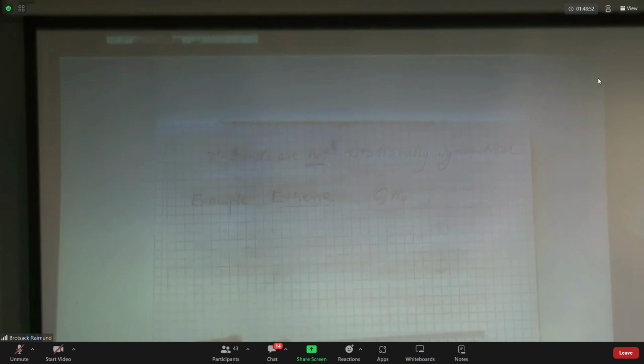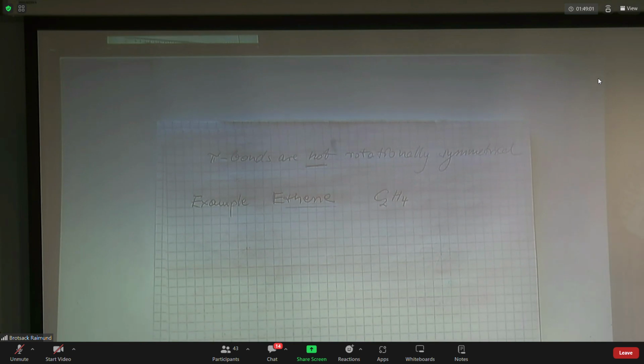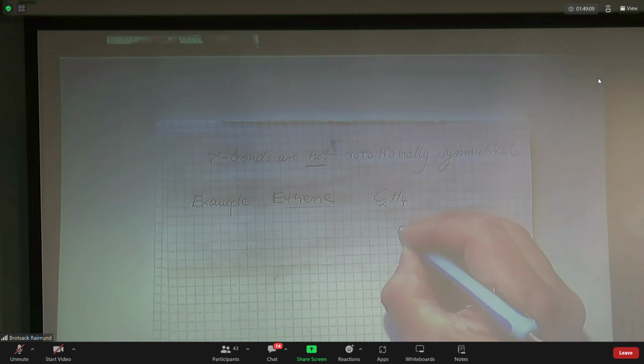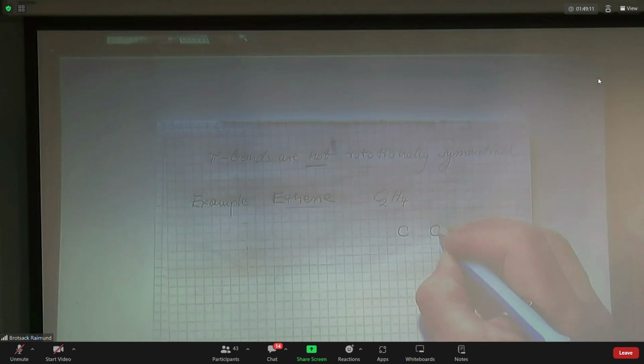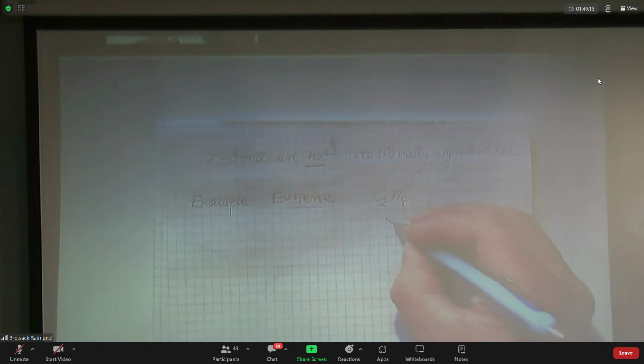And do you know the structure when we now try to draw the structure, not related to the bonds? We have 2 carbon atoms and 4 hydrogens, 1, 2, 3, 4.